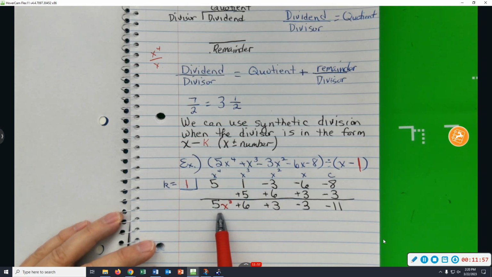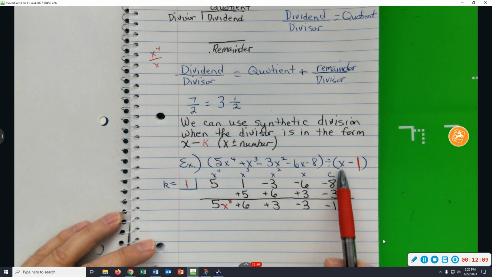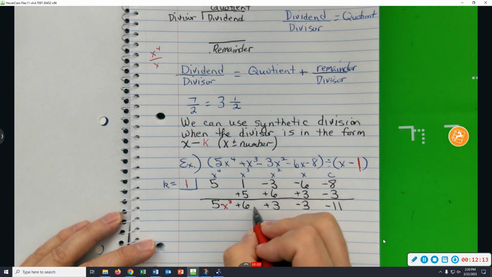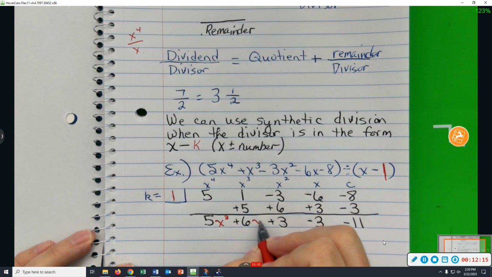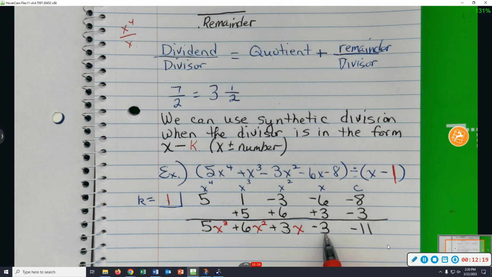This last row is going to be the quotient. That variable power you start with will always be 1 less than the power you started with in the dividend. So then start decreasing powers: x squared, x. That -3 is my constant.